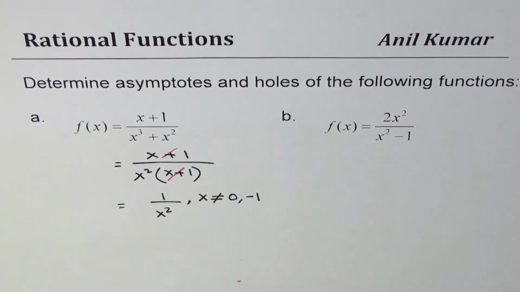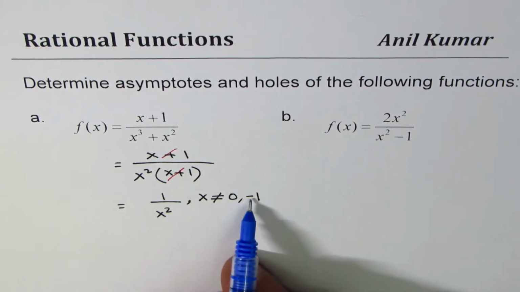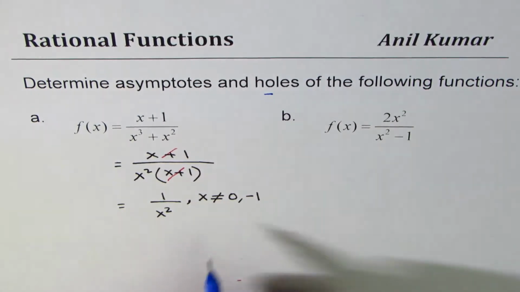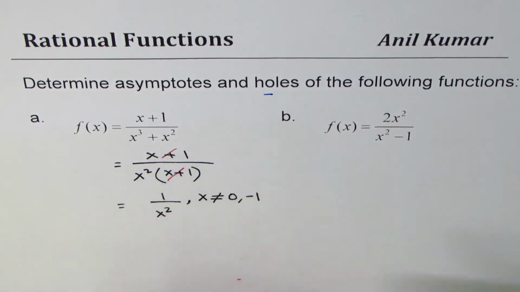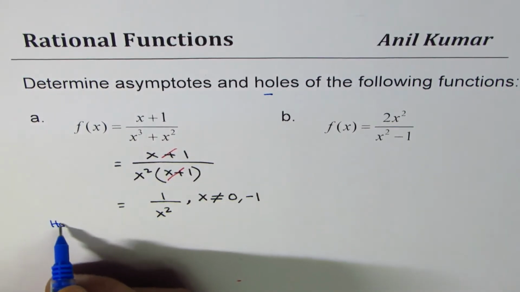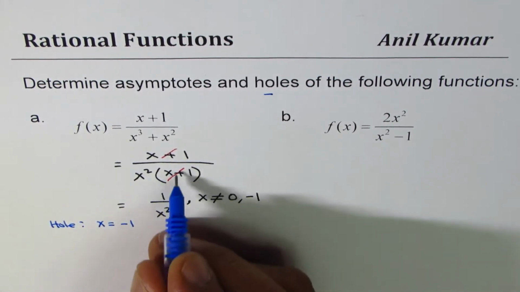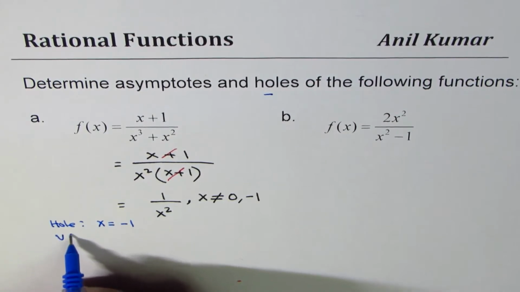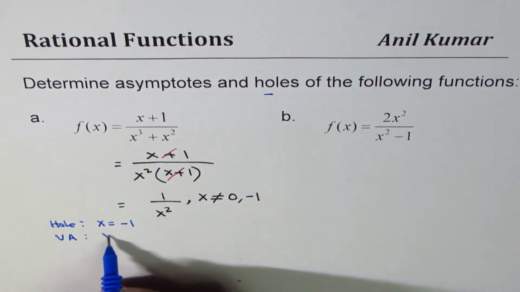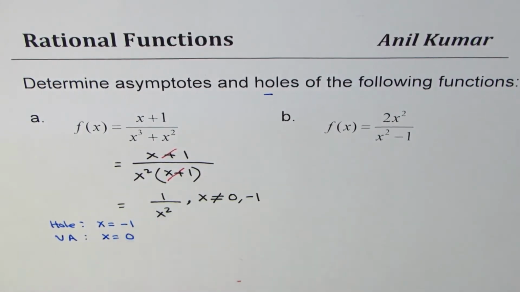Now as you know, all these restrictions lead to either a hole or a vertical asymptote, right? The factor which cancelled out is a hole. So we have a hole at x equals minus 1, correct? And we have a vertical asymptote at x equals 0, clear.